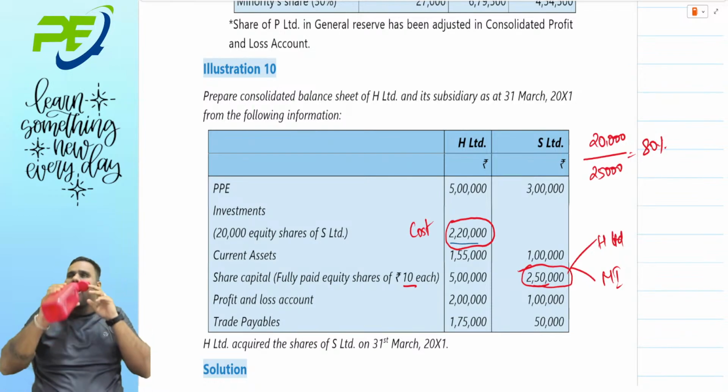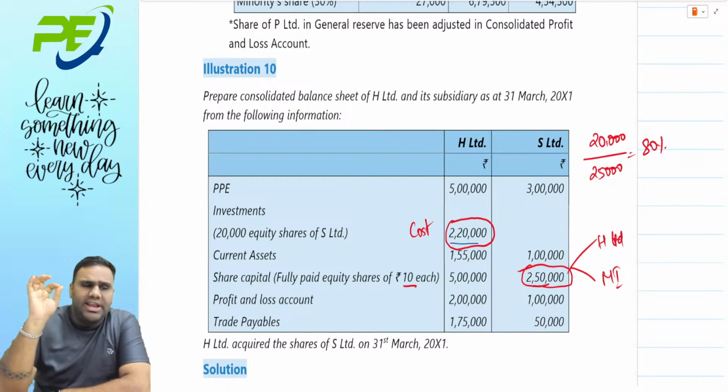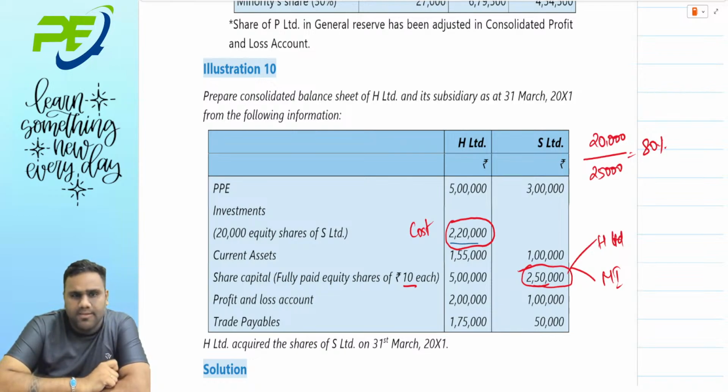In that, point number one: consolidation is simple addition of balance sheet of holding company and subsidiary company, subject to few adjustments.